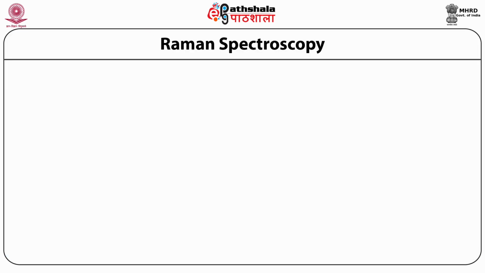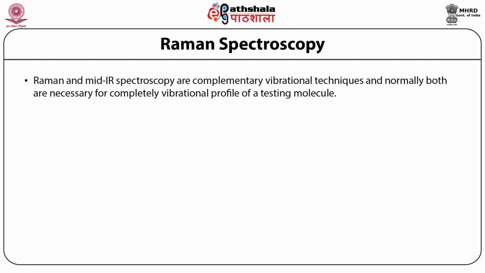Raman spectroscopy. Raman and mid-IR spectroscopy are complementary vibrational techniques, and normally both are necessary for a complete vibrational profile of a testing molecule, although some vibrations may be active for both IR and Raman, but these two forms of spectroscopy arise from different methods and different selection principles.